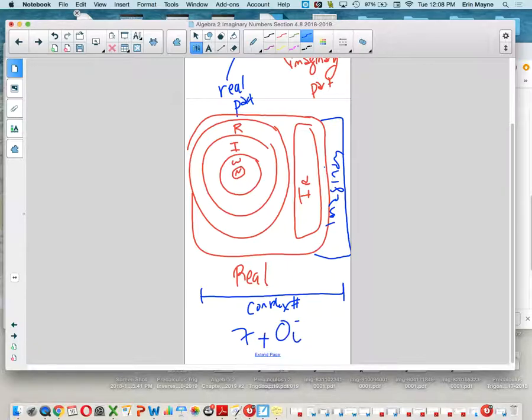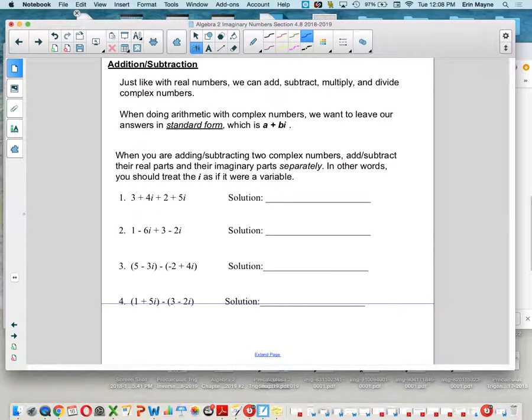What is the imaginary part? 0. You've been dealing with these, you just didn't know it. Well, now we're going to look at numbers that are complex. We're going to simplify them. We're going to add, subtract, multiply, and divide them. Some of this will go pretty quick.